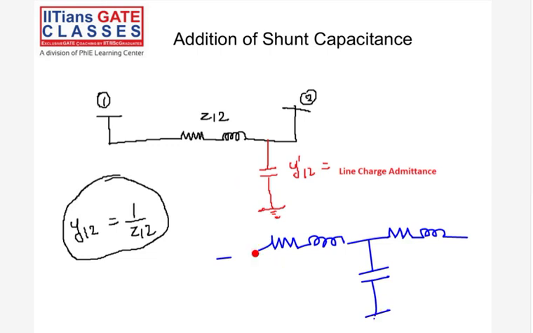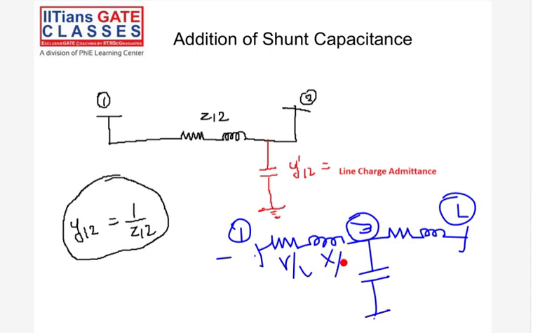So this is node 1, node 2, and this would be a new node 3. What we have here is R by 2, X by 2, R by 2, and X by 2.